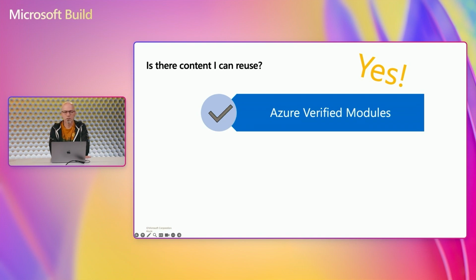If you use Terraform at all, I'm sure you've been to the Terraform registry. And if you look for Azure modules in the Terraform registry, there are a number of modules up there. But one of the things that you'll find is that a number of those modules are not kept up to date, or there's overlap between the modules and it's not clear which module you should use.